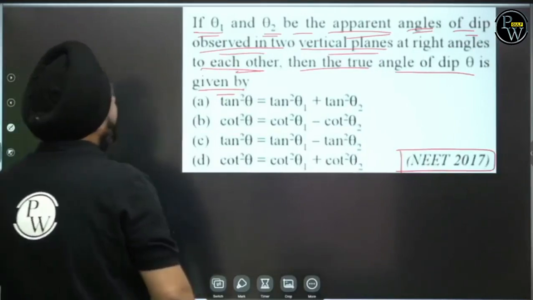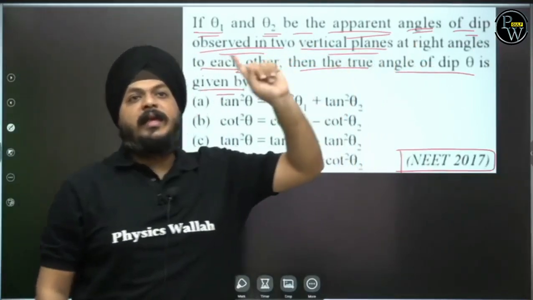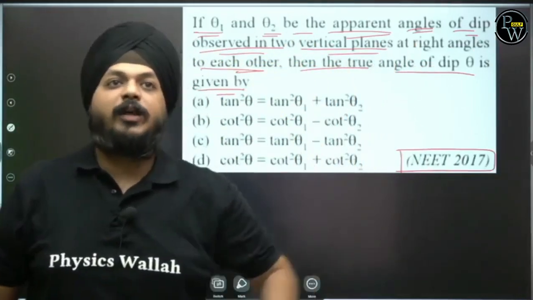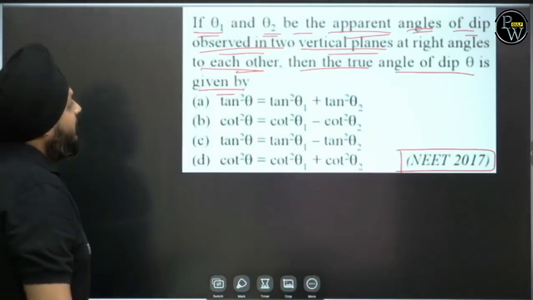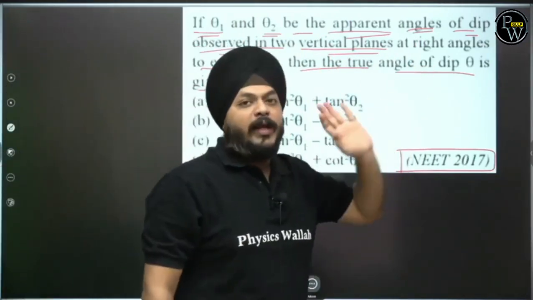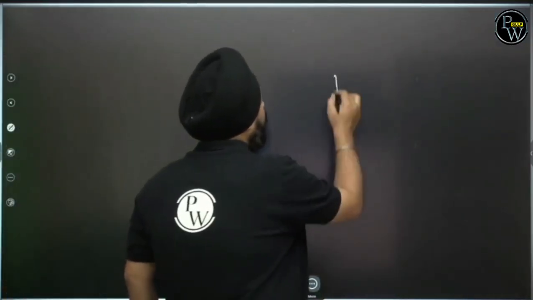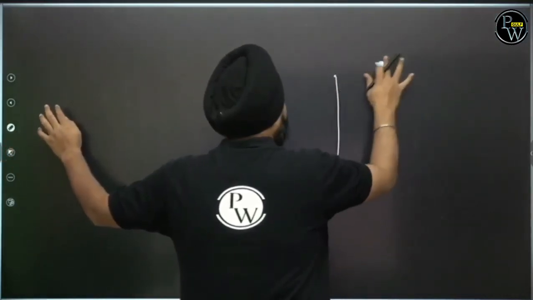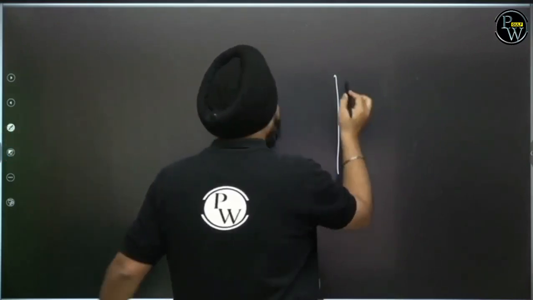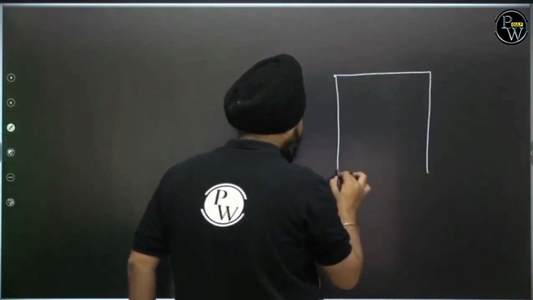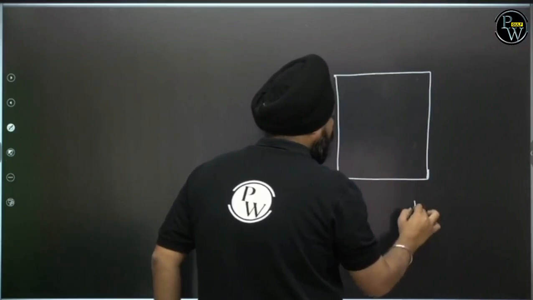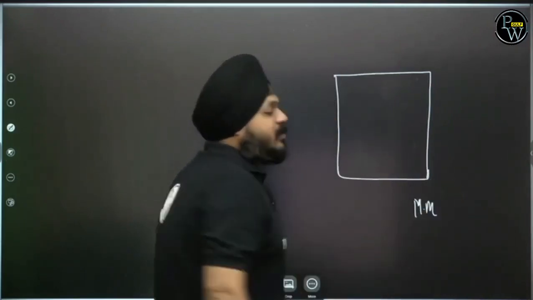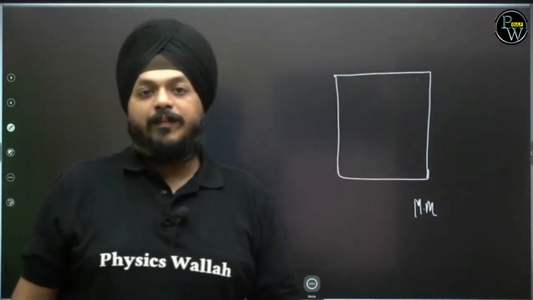Let's repeat this question: theta 1 and theta 2 are the apparent angles of the dip observed in two vertical planes, and theta is the true angle of the dip. Let's revise this concept first. This is the magnetic meridian they are talking about.